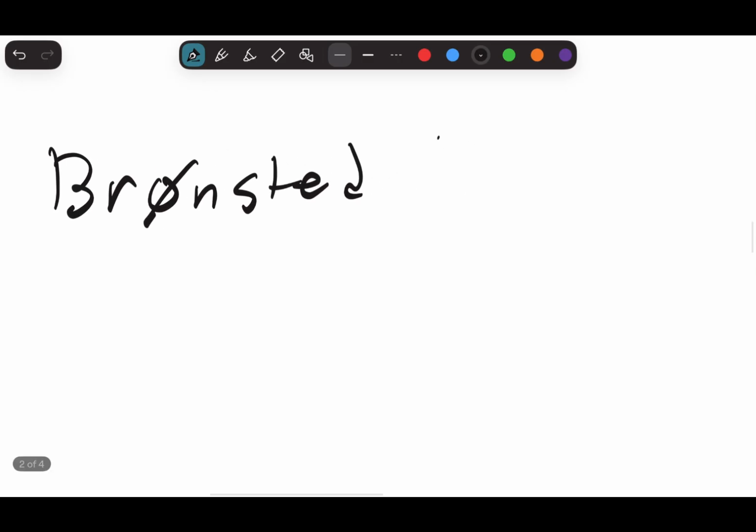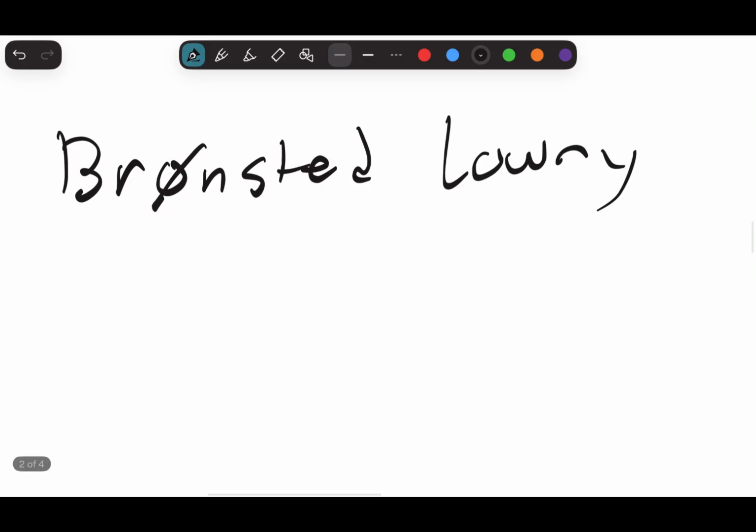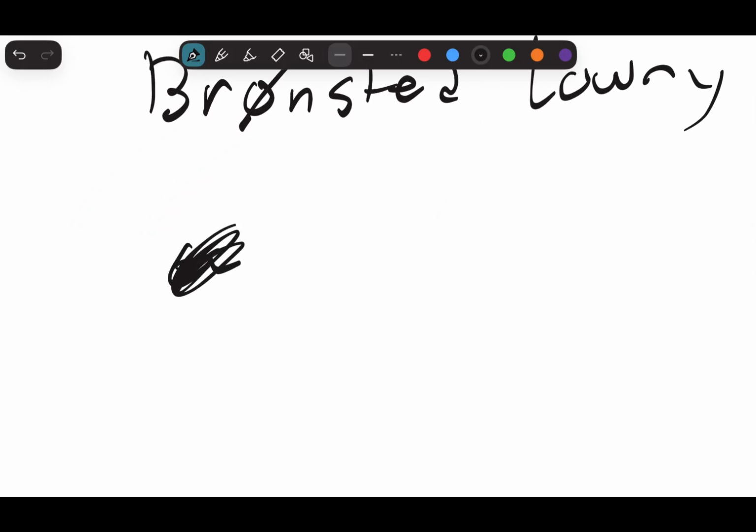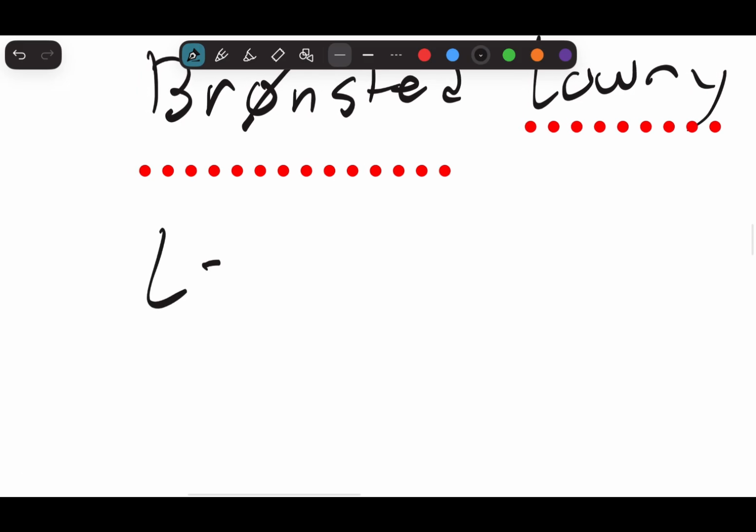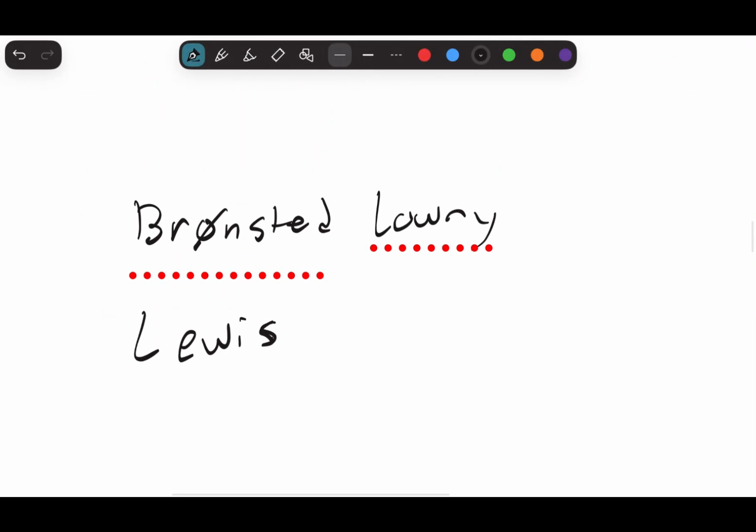And a comparison between Bronsted-Lowry acid or base, and Lewis acid or base, is that all Bronsted-Lowry acids are considered Lewis acids. However, not all Lewis acids are Bronsted-Lowry acids.